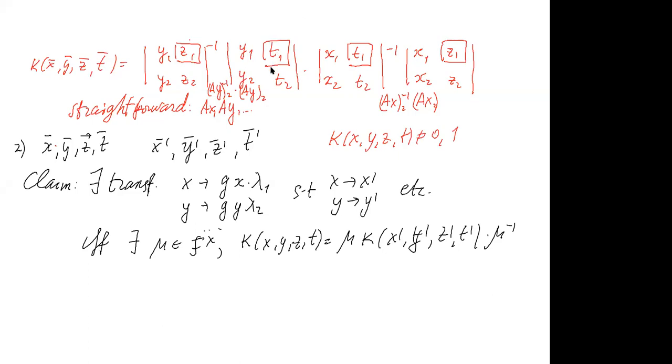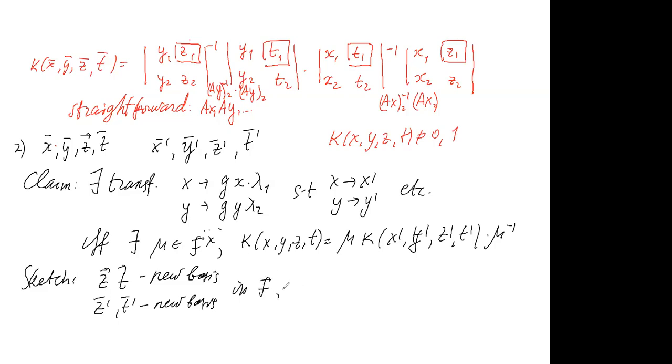Under this assumption, a sketch of the proof: we can choose the vectors z and t to be the new basis, and similarly z prime and t prime, using the matrix which will change the coordinates such that z, t goes to 0, 1, 1, 0, and similarly for z prime, t prime.